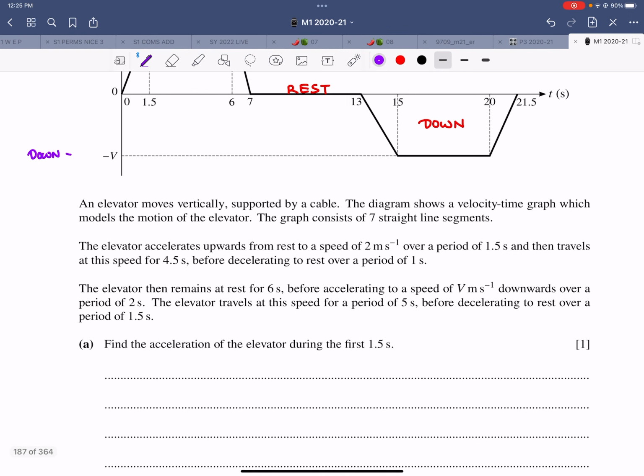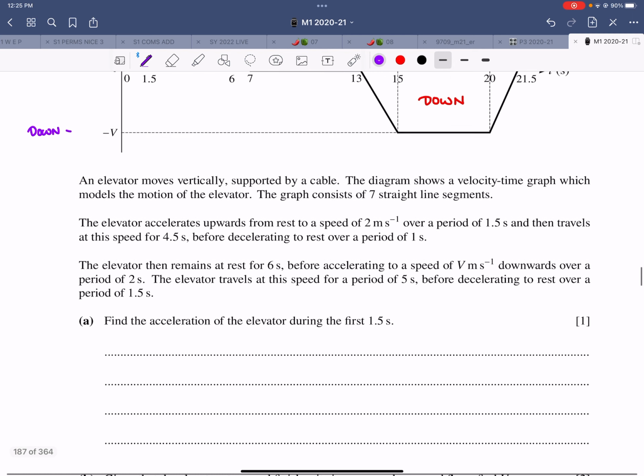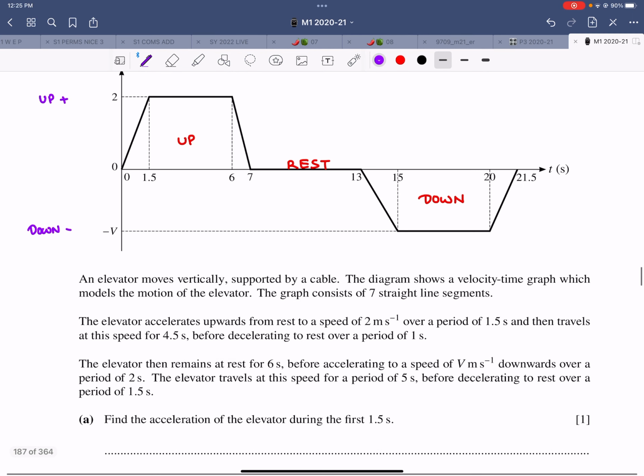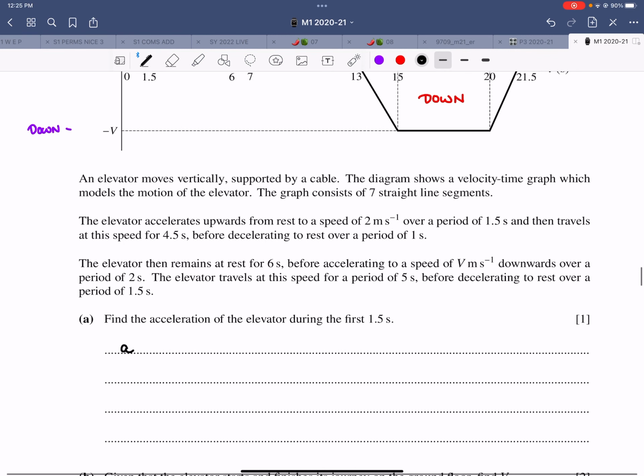Find the acceleration of the elevator during the first 1.5 seconds. So during the first 1.5 seconds, acceleration is naturally positive, and acceleration is change in velocity over change in time. That is 2 divided by 3 over 2. That is 2 into 2 over 3. That comes out to be 4 over 3 meters per second squared.